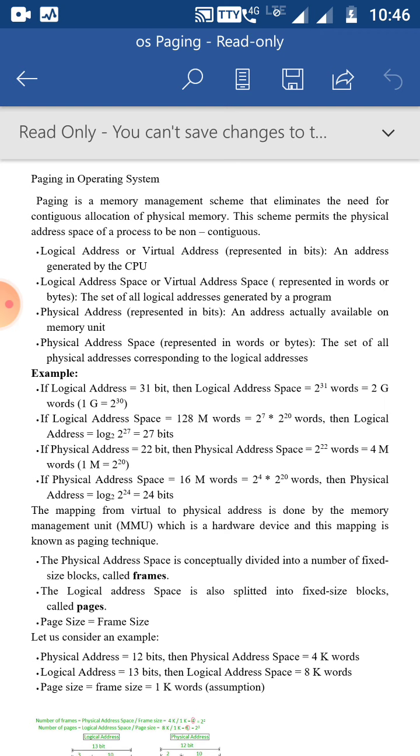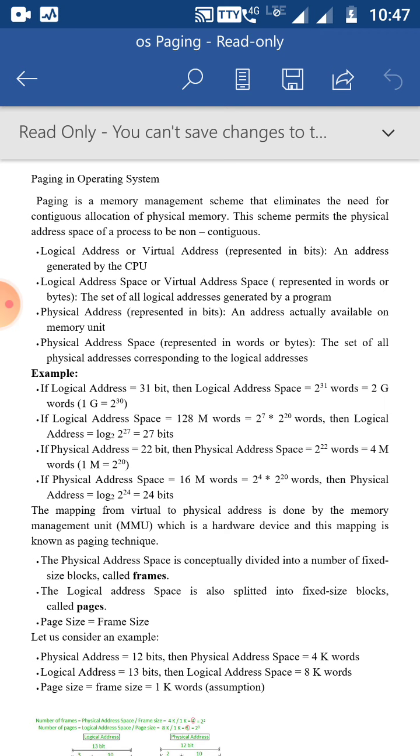I told already, the logical address 12 is divided into 2: page number 1 and page offset 2. With this knowledge, the OS is going to refer to the page map table of this program. The page map table is available in one memory location, and the address of that location is stored in the page map table base register.